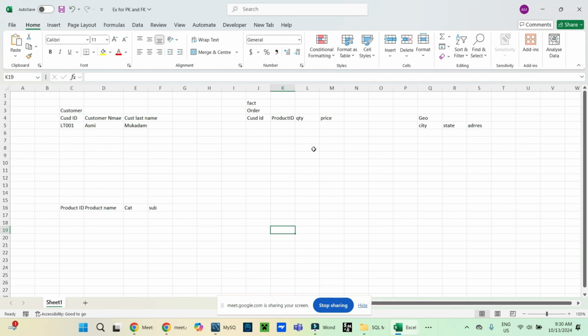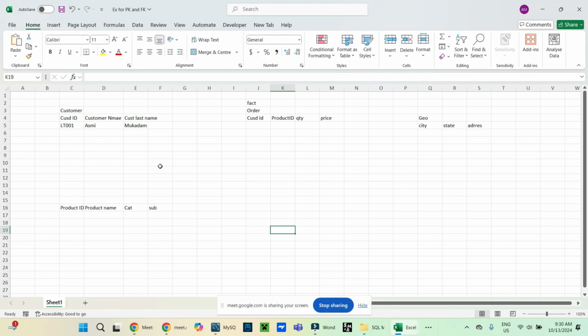But in SQL we do not have anything like this. So here we have joins to join the two tables. If you want information from two tables, you have to use joins. So for getting the information, how much sale was done by Asmi or how much quantity she has bought, we have to join these two tables.